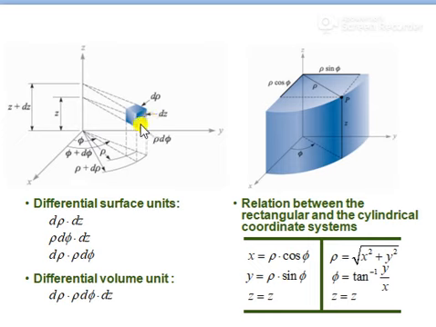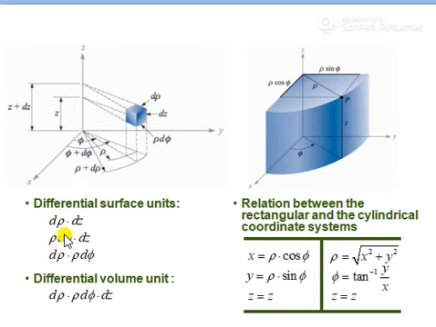As it is moved from this point, it will have a value of rho, so you need to consider rho there, plus dz a z. So this is the differential length. If you add all these, it will give you the differential length.